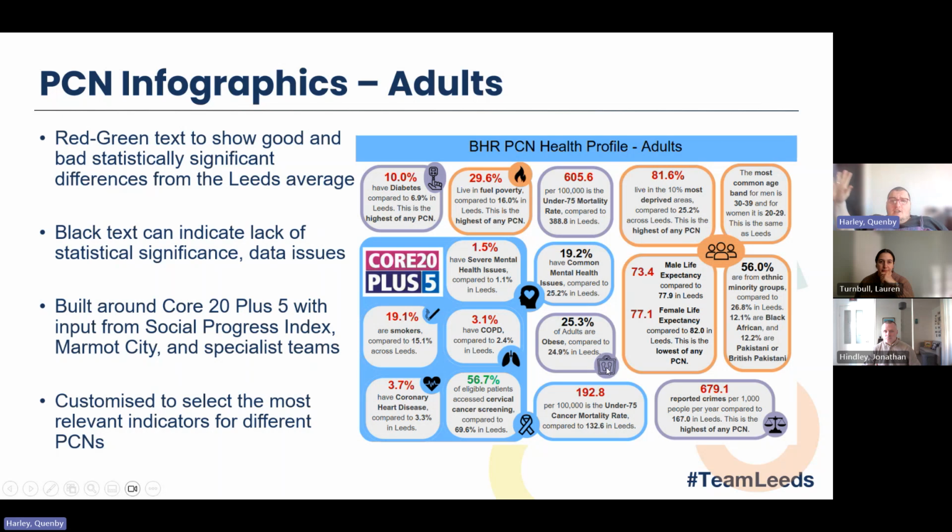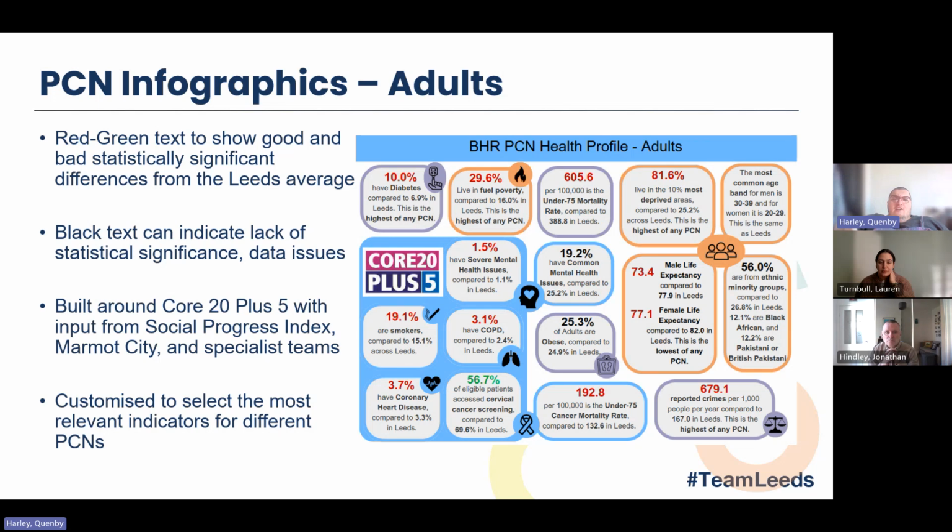So this is an example of one of the PCN health profiles. In this case, Burmantofts, Harehills, Richmond Hill. You can see it covers a lot of different areas. We use red-green text to indicate: red is where a value is significantly worse than the Leeds average.